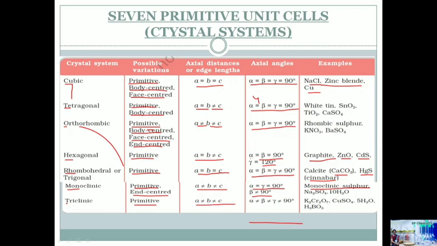A is not equal to B, not equal to C. All edge lengths are unequal and all angles are not equal to 90, and all axial angles or interfacial angles are different. Then example you can remember. So in this way you can remember this tabular form of different crystal systems, and only 14 Bravais lattices are possible here.